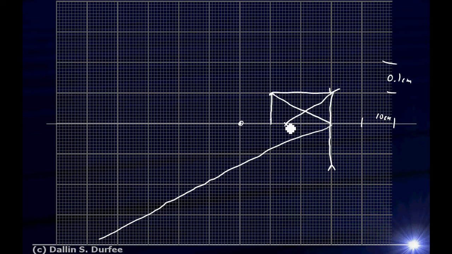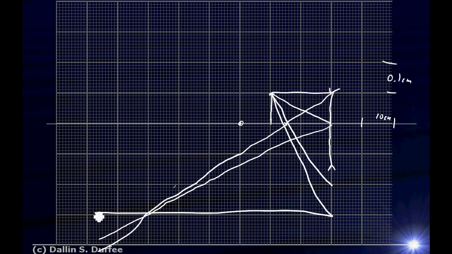A ray which goes to the focus is going to come out parallel. I didn't draw that very well. If you draw this with a ruler, you'll get something like that. And then the ray which goes to the center of curvature is going to come straight back.